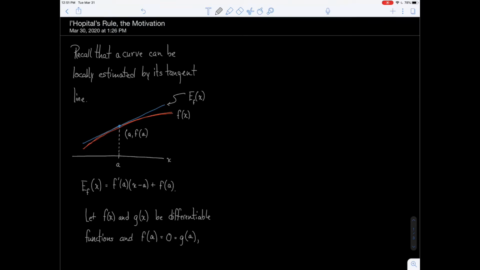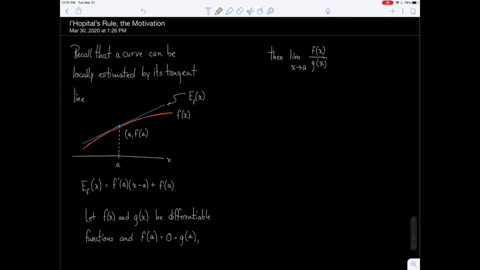This is the amazing part. It says then the limit as x approaches A of f of x over g of x. And notice that right now, as x approaches A, that would be 0 over 0.